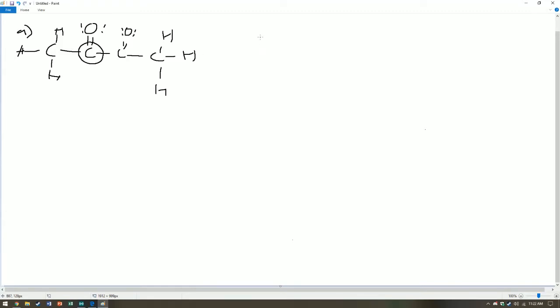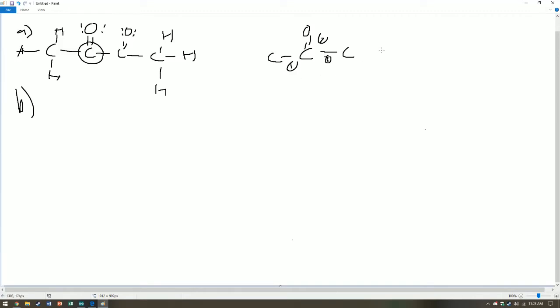We know that for 3 electron domains, the geometry will be arranged in a trigonal planar arrangement. Let me just draw this out. Focusing on just that atom, C double O, we can see 1 domain, 2 domain, 3 domain, and this is trigonal planar.